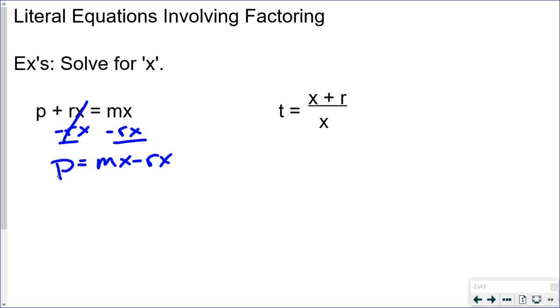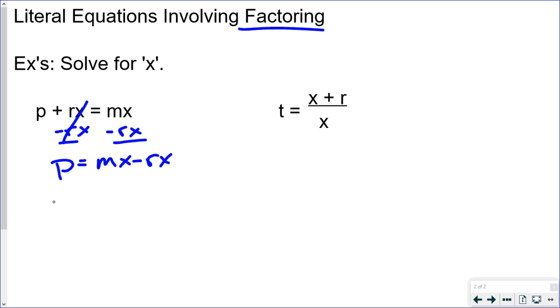All right. Now once we get to this point, this is where factoring comes in. So what I want to do is factor out the x. So remember, factoring is the opposite of distributive property. So instead of multiplying something in, you're dividing something out.